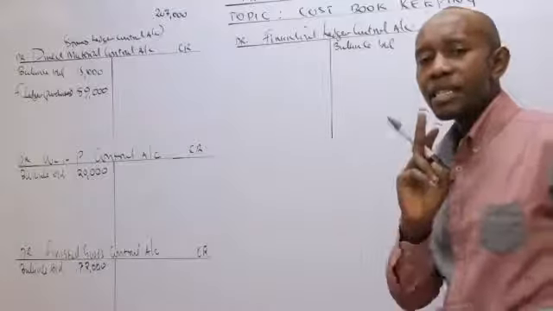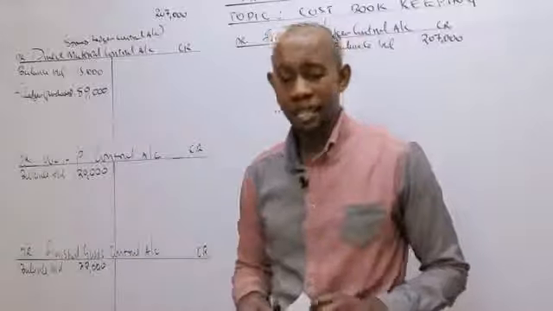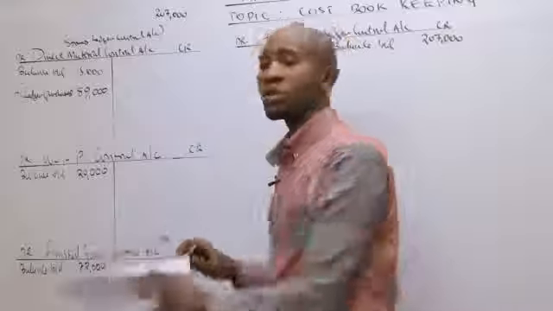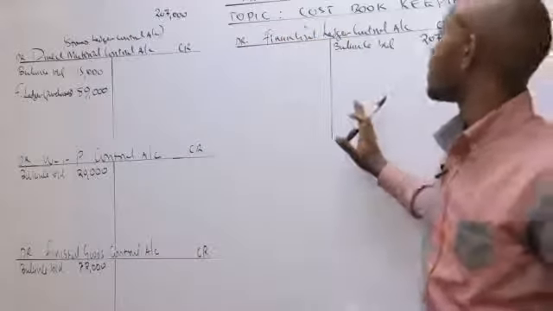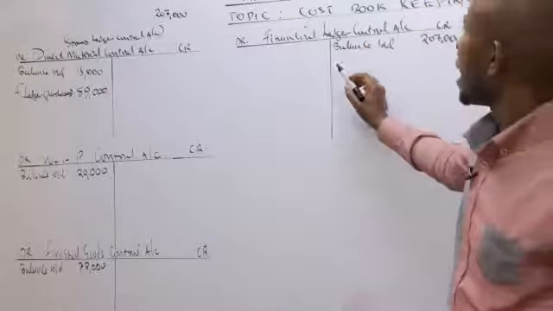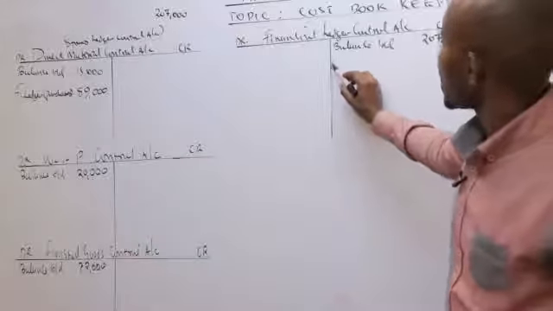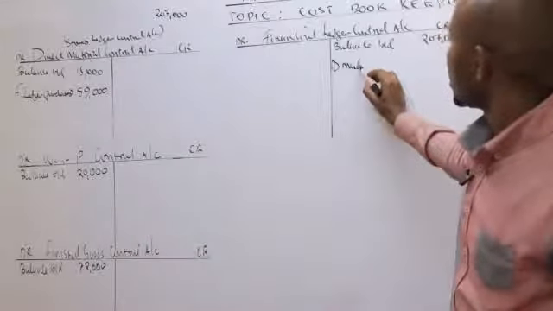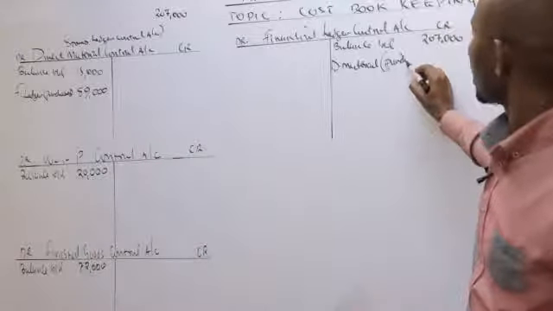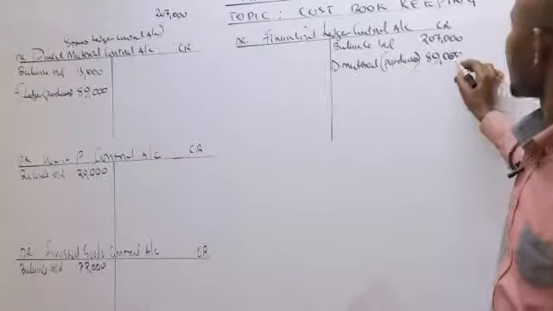But every debit entry must have a corresponding credit entry, which is the account I've said completes the double entry. For the cost books, we've called it the financial ledger control account. So I want you to credit this account: direct material, specifically for purchases amounting to 89,000.